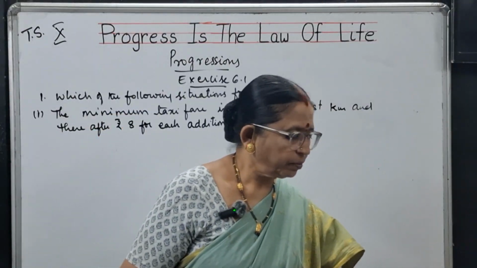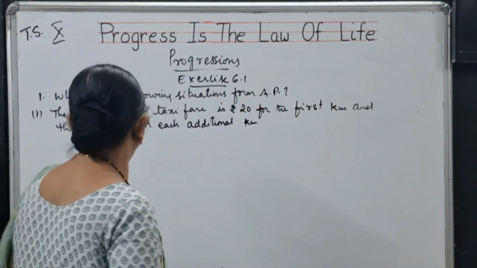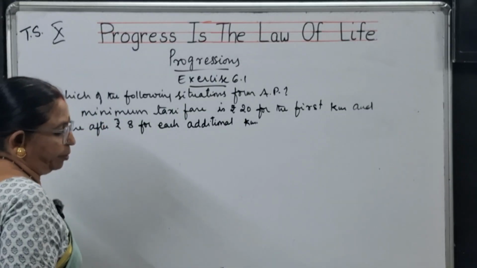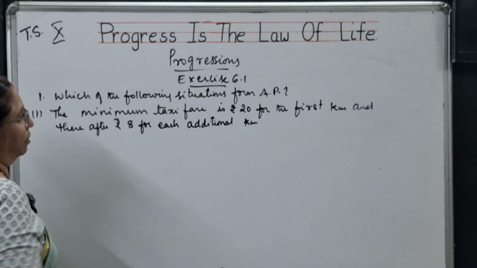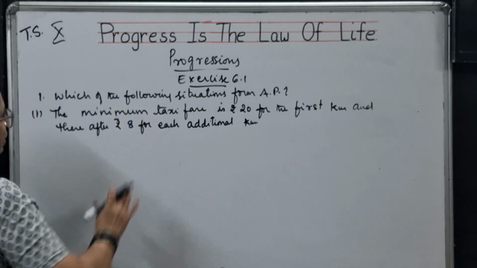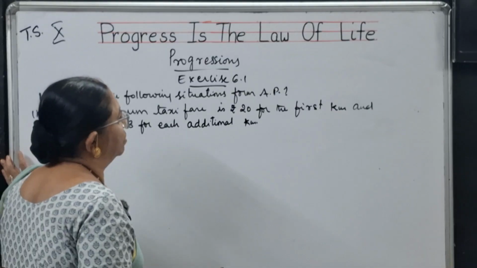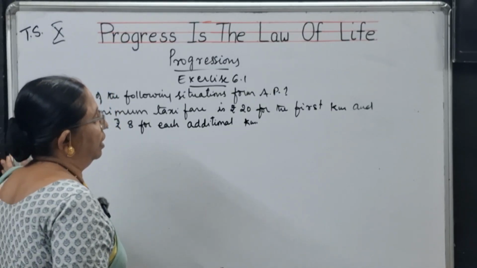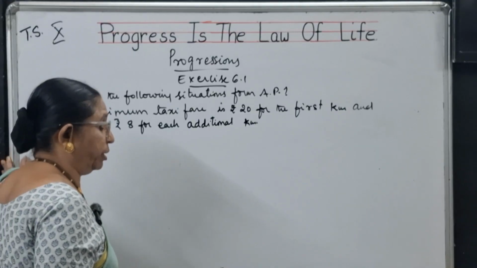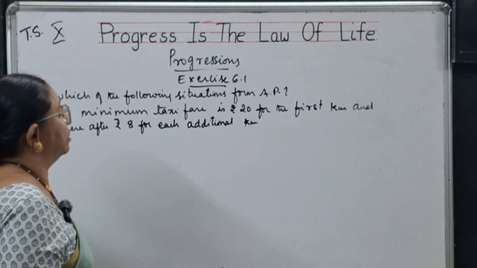Now, exercise 6.1, first problem. Which of the following situations form an AP? Actually, it's a lengthy sum they have written, but in a short way, I have written, children. They have given different situations, and you have to observe whether the situation is in AP or not, whether you are getting an AP in that form.